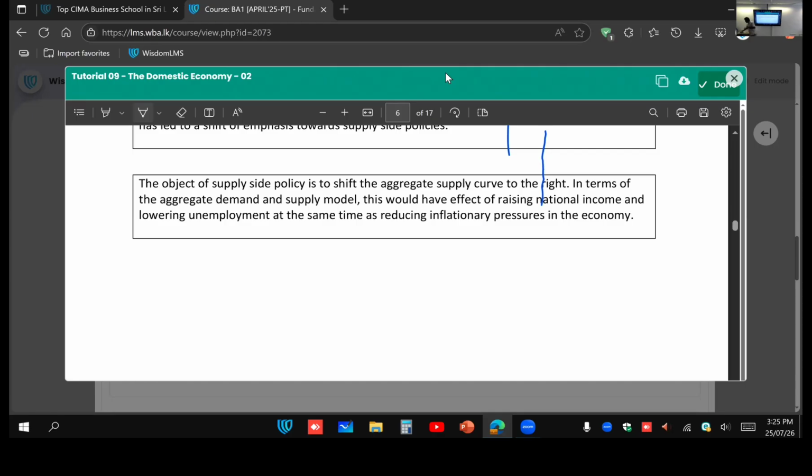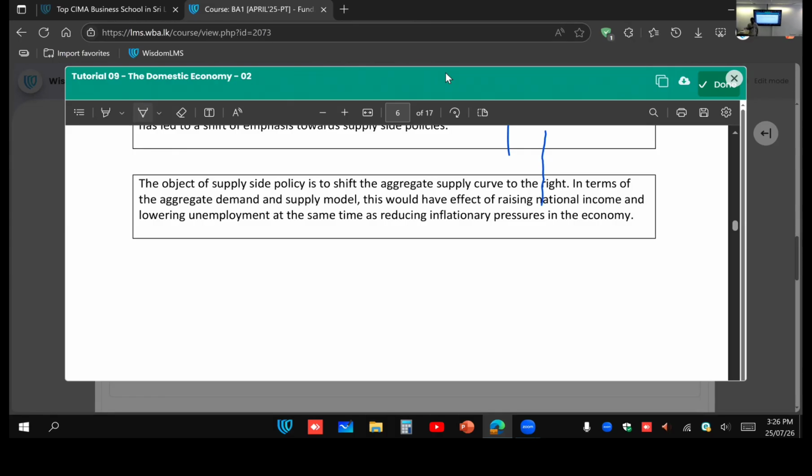So aggregate demand curve, what should we try to do? We should move it rightwards or leftwards. I mean, to have an economic boom or economic growth or development, what should we do? We should move that to the right. Aggregate supply curve, what can we do?